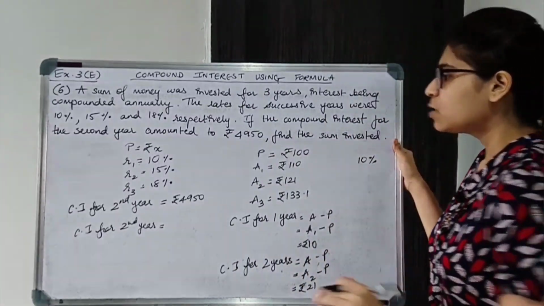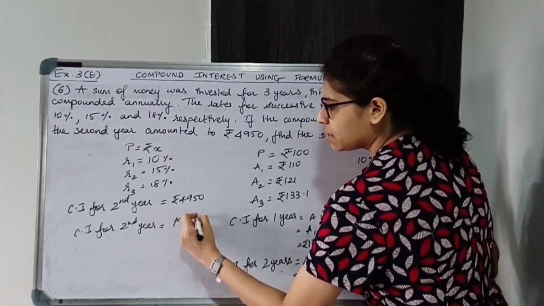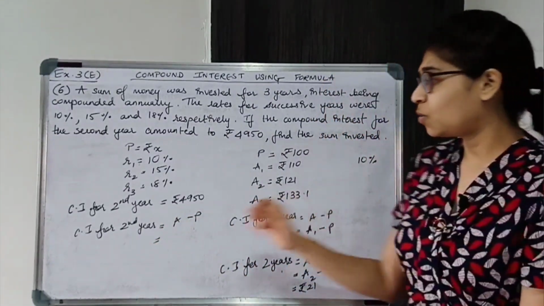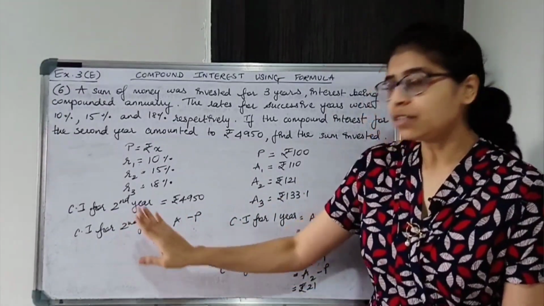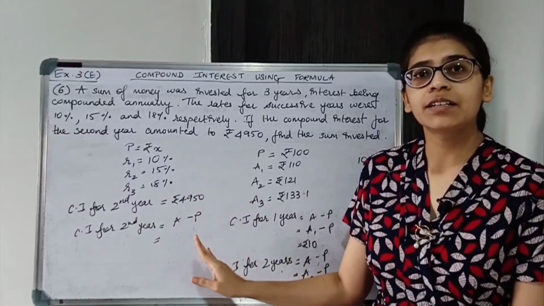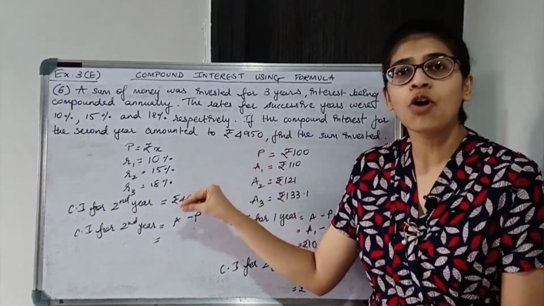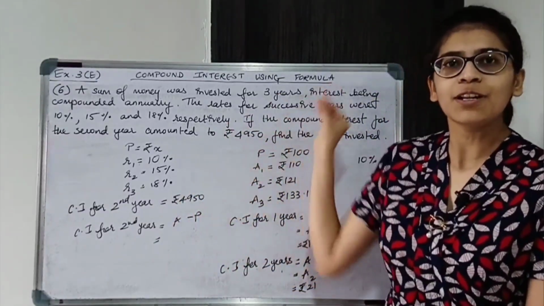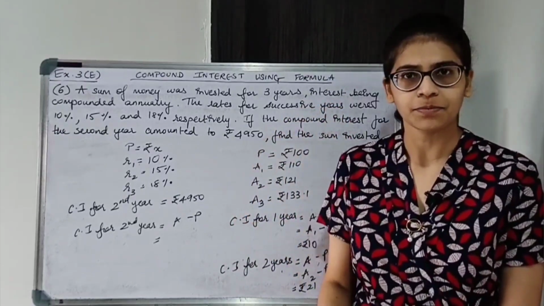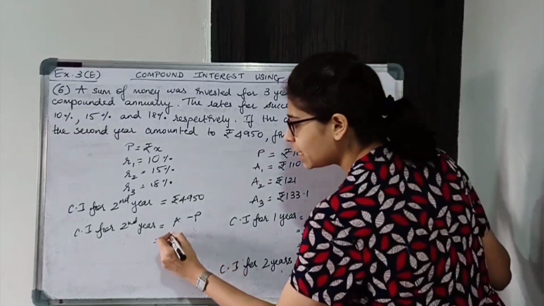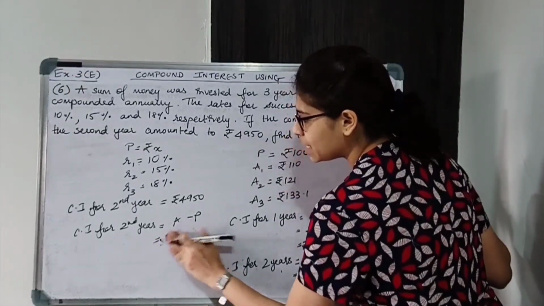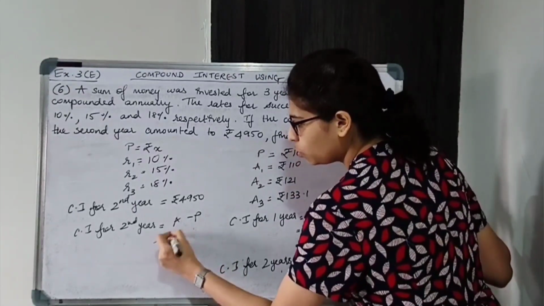So it will be A minus P. Now which A and which P? Since it is said for second year, you will consider the amount for second year and principal for second year. Amount for second year is this, that is 121, which is basically A2.